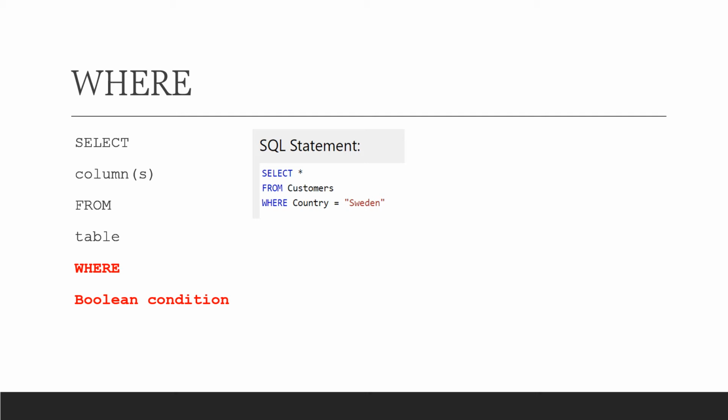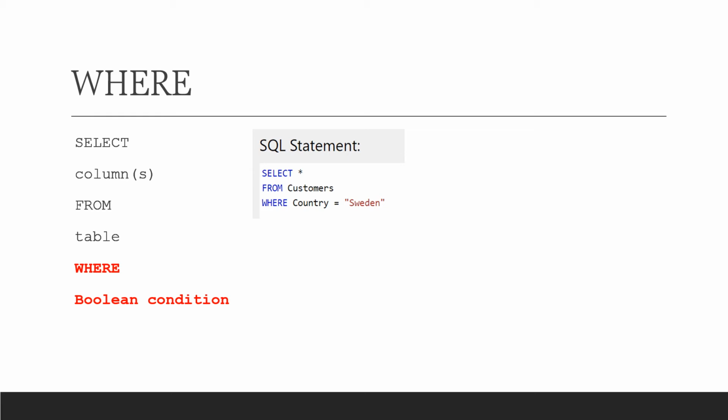We give the name of a field, in this case country, then a relational operator, in this case the equal sign, and then secondly a value, in this case Sweden. Sweden is a string, so I've shown it in quote marks. You can use single or double quotes, and it needs to be an exact match.